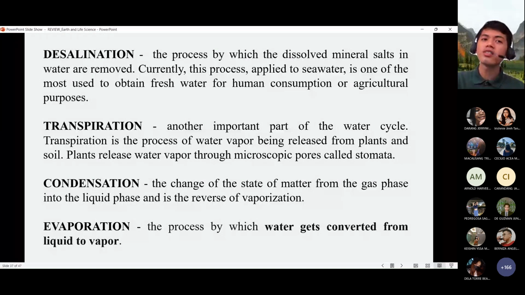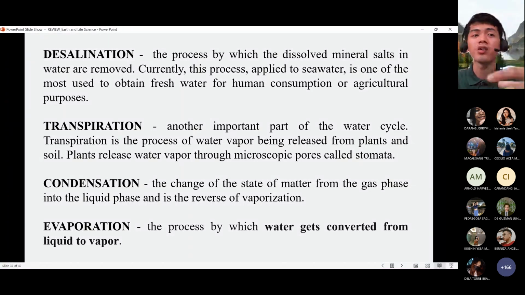Now, condensation. It's all about the change of gas phase into liquid phase. We already know that. And the counterpart of condensation is evaporation, from liquid to gas phase, or to water vapor.